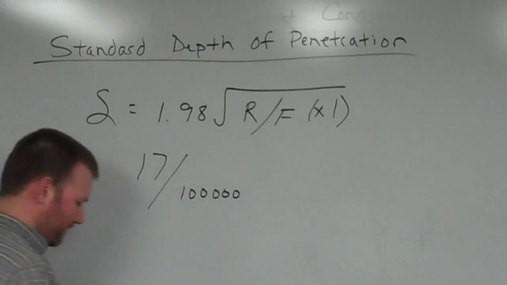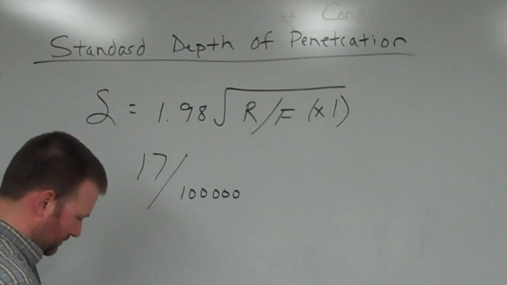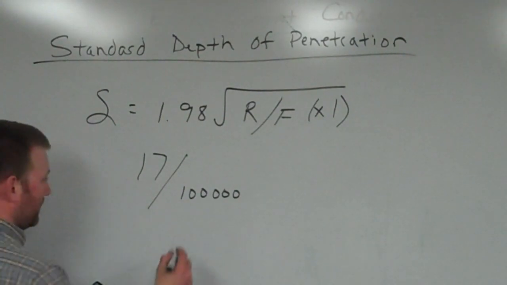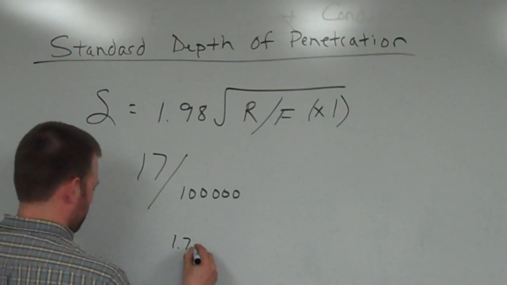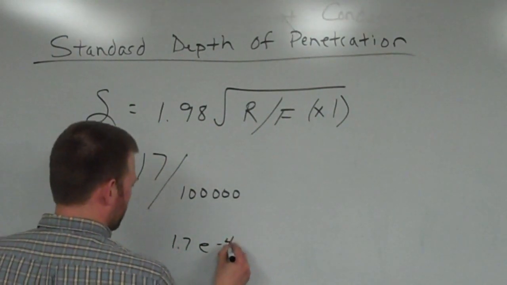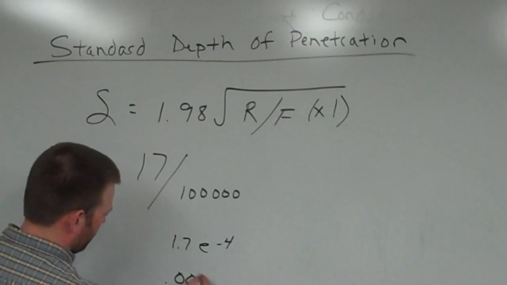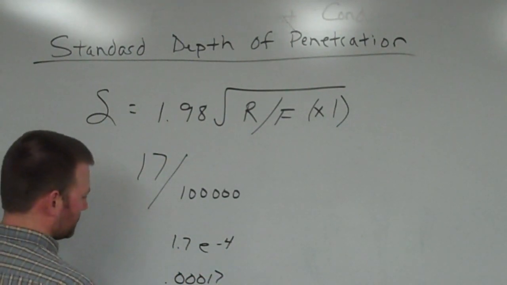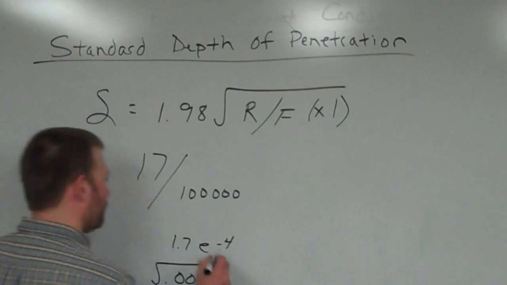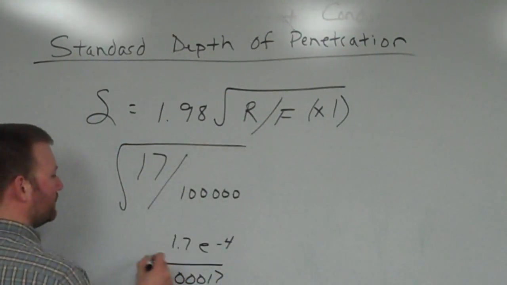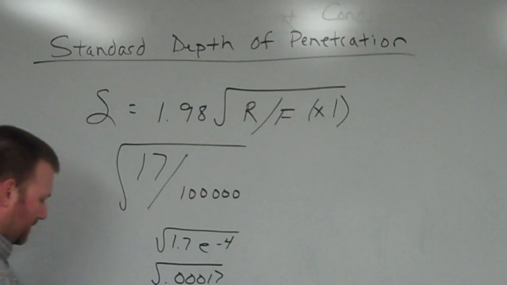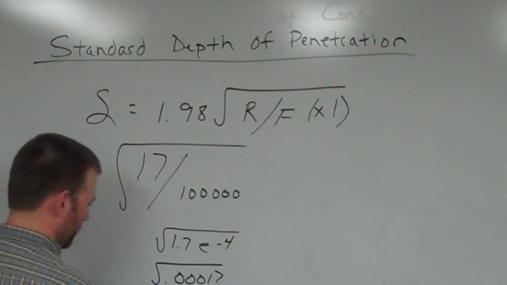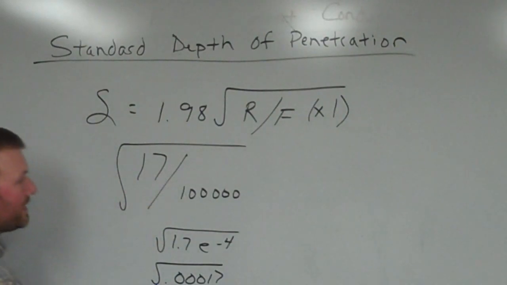17 divided by 100,000 is 1.7 e to the negative 4, which we'll convert to 0.00017. Now we're going to square root that, because this is all under a square root. That takes us to 0.013.